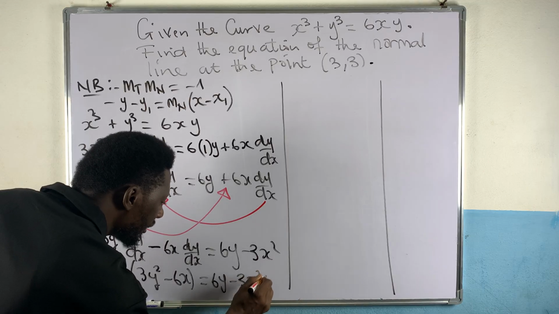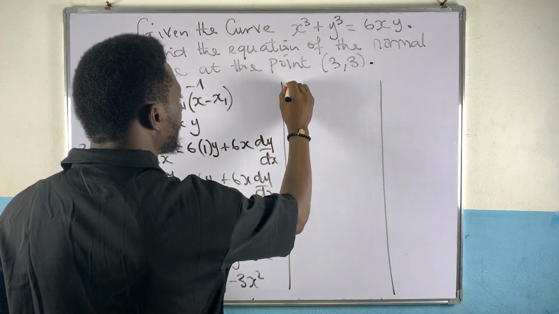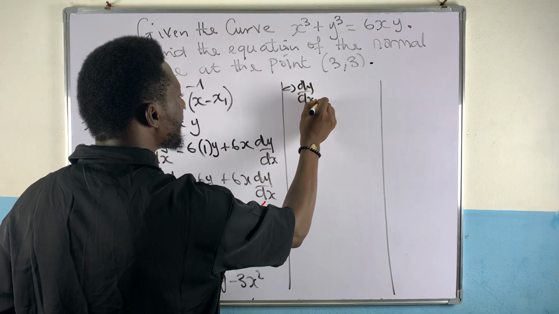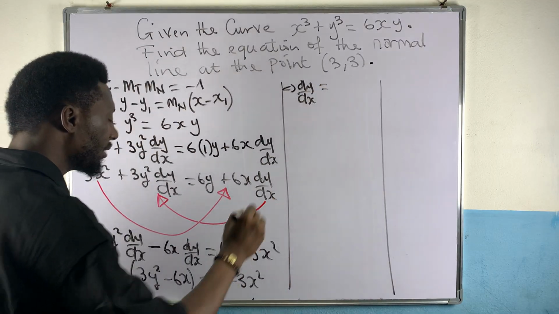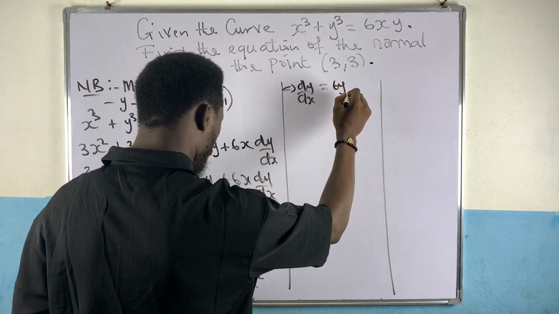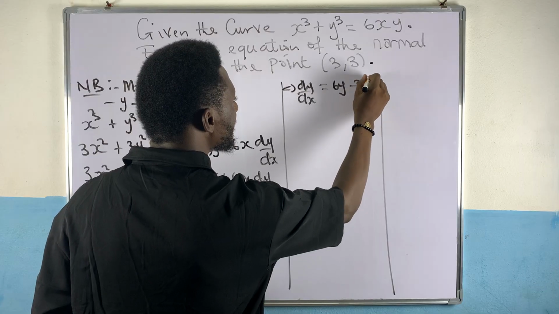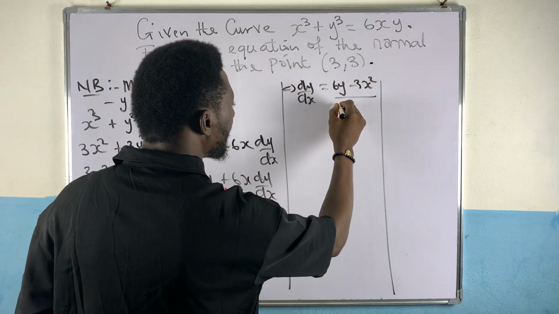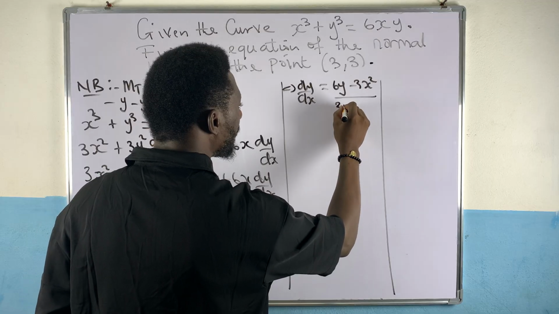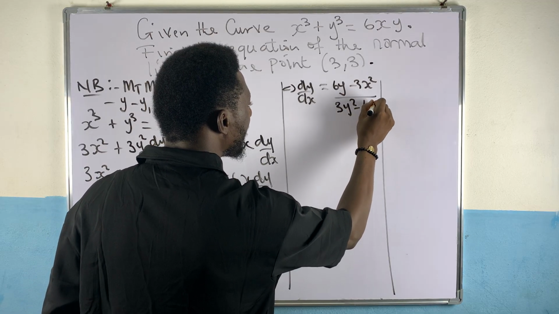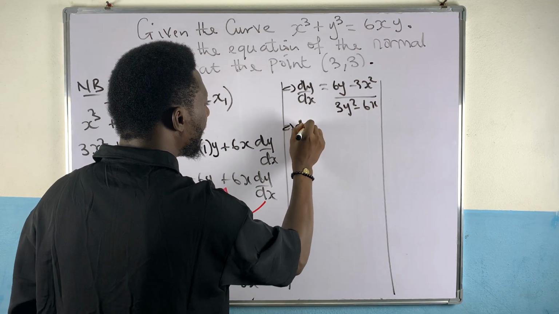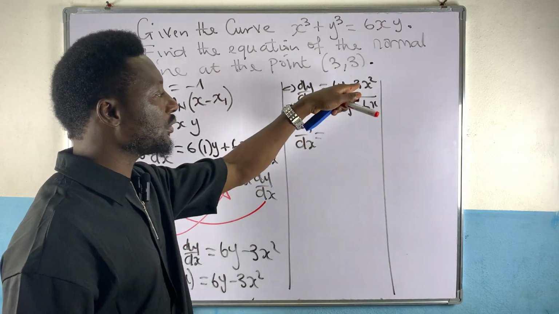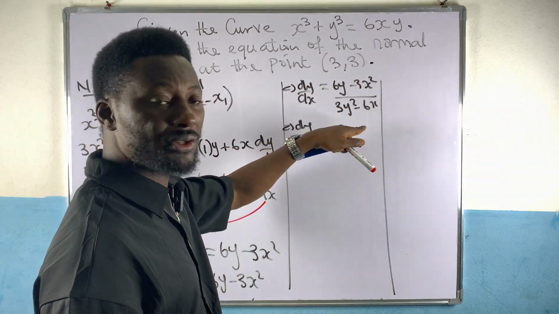minus 3x². So this implies dy/dx should be equal to 6y minus 3x², all this divided by 3y² minus 6x. So for my dy/dx, you see that 3 is a common factor, both in the numerator and in the denominator.